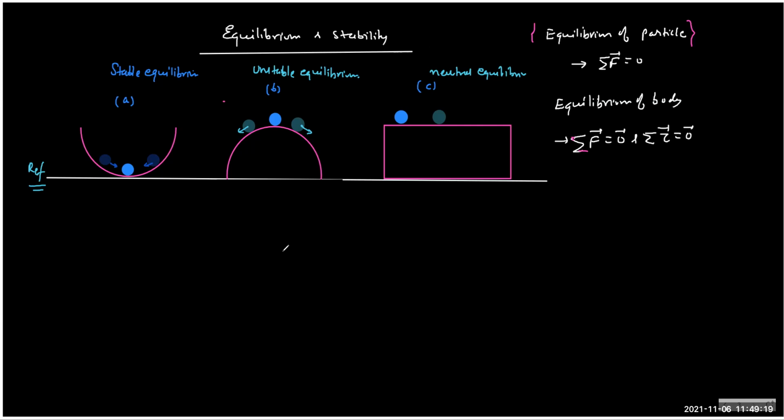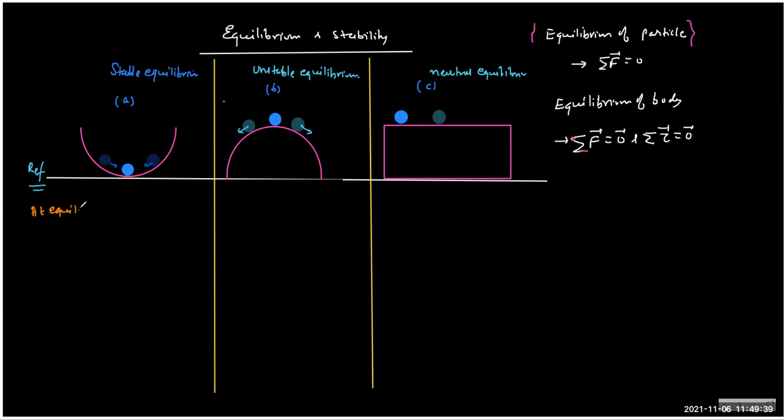Okay. Now what we are supposed to do is write some conditions, what could be possible in different cases. So the first case, let me write down something. So at equilibrium, the force is zero. So we'll talk about the one dimension only.